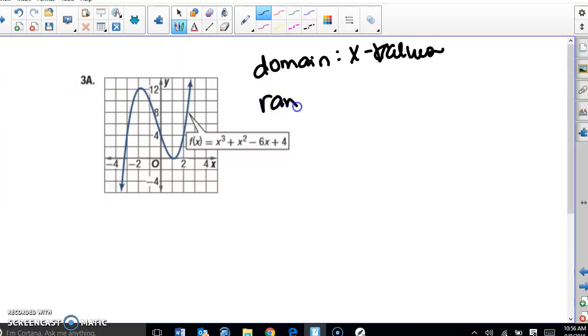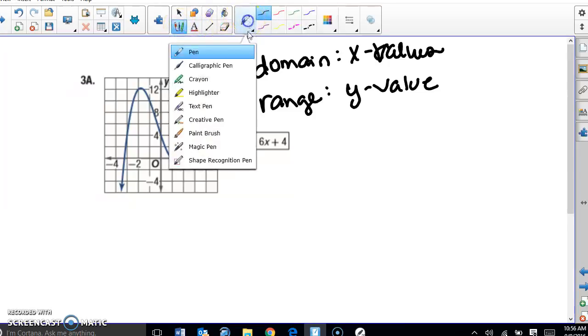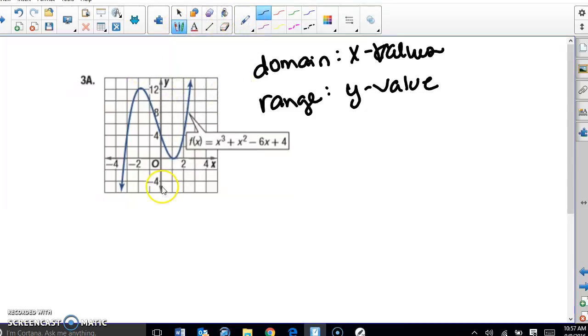And our range is what comes out of the equation, and our y values on our y-axis are our range. So we're going to look at what values we can plug into our equation and get a result. Looking at our x value, we're continuing indefinitely. So for this particular graph, our domain is going to be all real numbers.